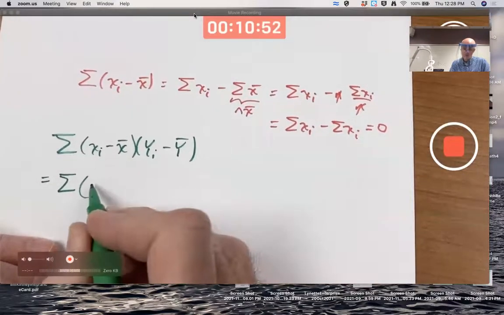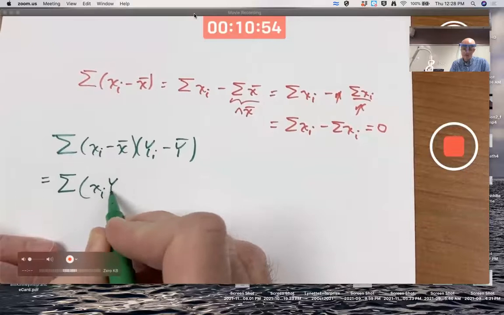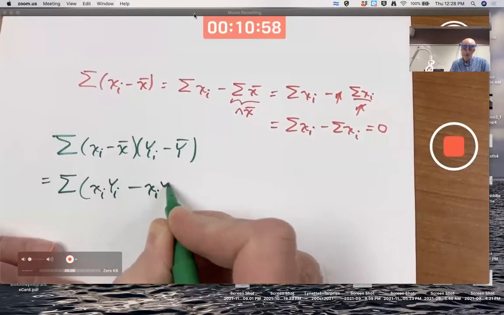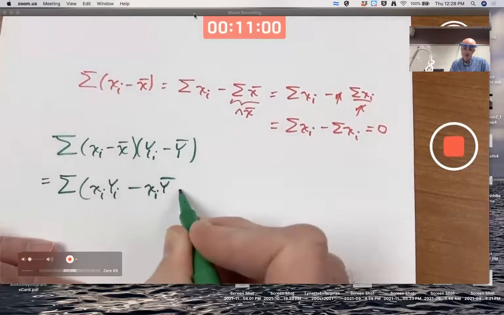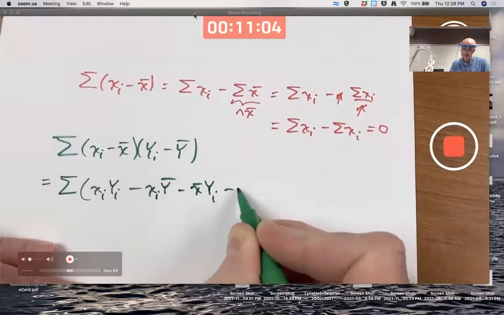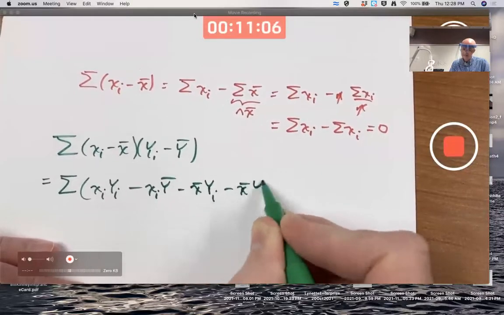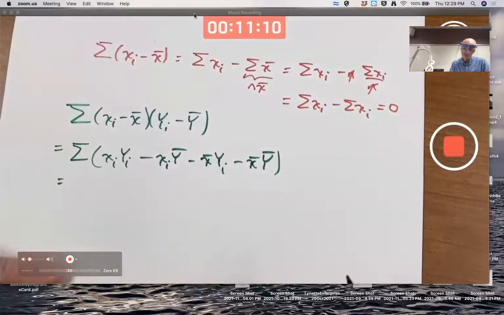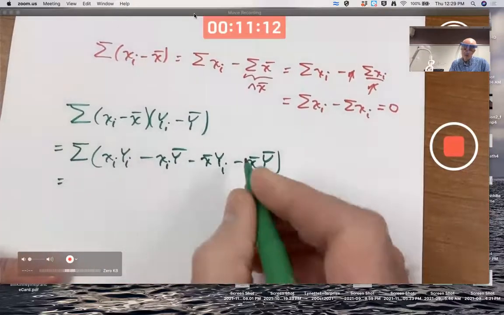So first FOIL this out. First times first is this. Outside times outside is this. Inside times inside is this. And last times last is that.